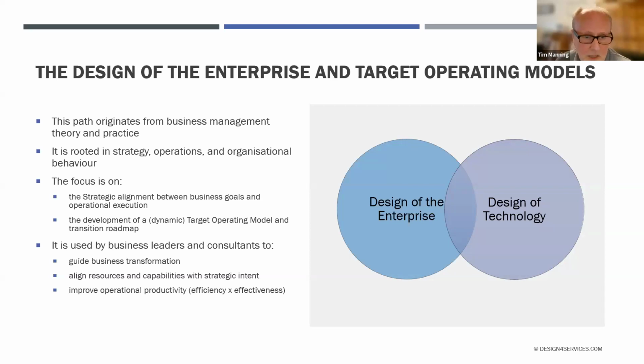And it's typically used by business leaders and consultancies. So the big consultancies, Deloitte, people like that, are very versed in developing target operating models and using business architecture in that context to guide business transformation, align resources and capabilities around the strategy, and as a means of improving the operational productivity of the business.